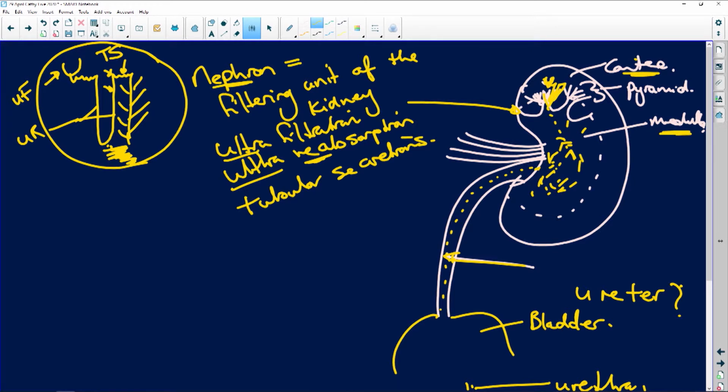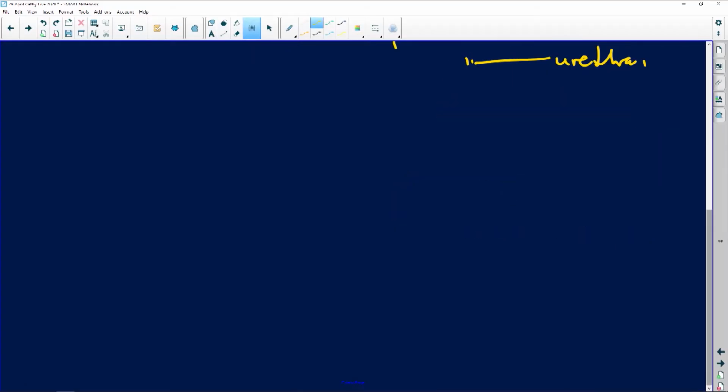Alrighty, now we're going to do our question. So let's get more space here. So here we go. We start with the Bowman's capsule.